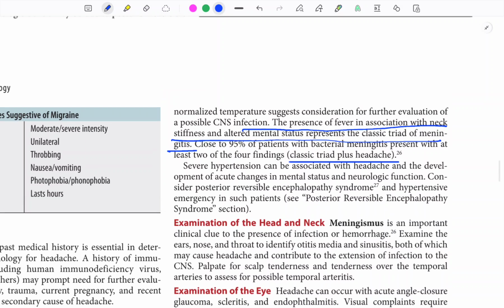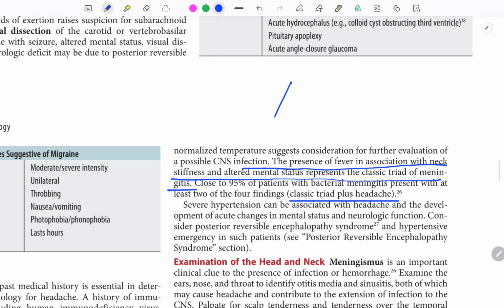What is the classical triad of meningitis? So it is fever. No, fever, it is actually your headache plus neck stiffness plus altered mental status. So yeah, Tintinalli says that we do have altered mental status in meningitis.